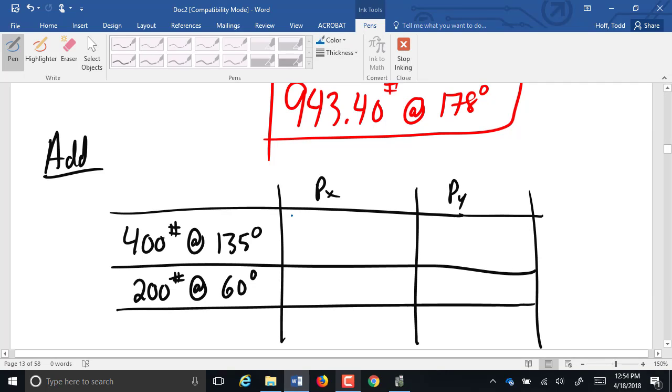So Px is going to be 400 times the cosine of 135 degrees. What do you get? Negative 282.84 pounds. Good. Py is 400 times the sine of 135 degrees, which is 282.84 positive, right?